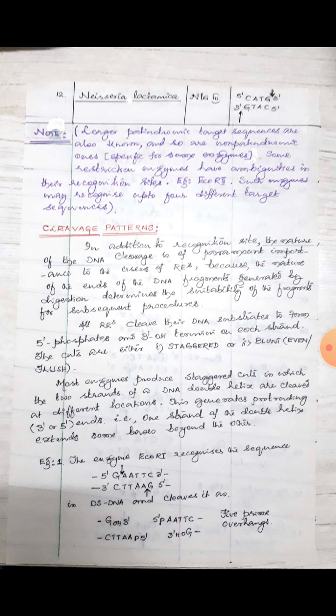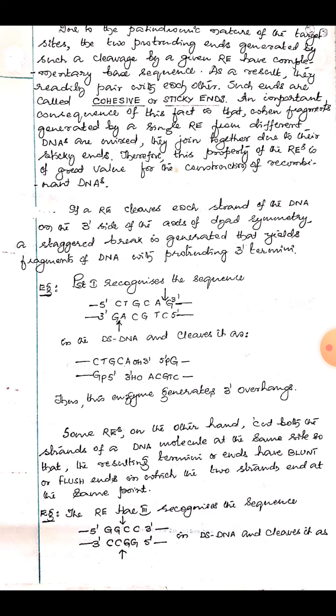This is what exactly I meant by staggered ends, especially 5' staggered ends. Okay, then due to the palindromic nature of the target sites, the two protruding ends generated by such a cleavage by a given restriction endonuclease have complementary base pairs.